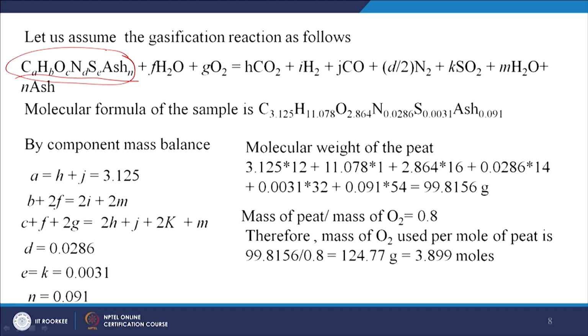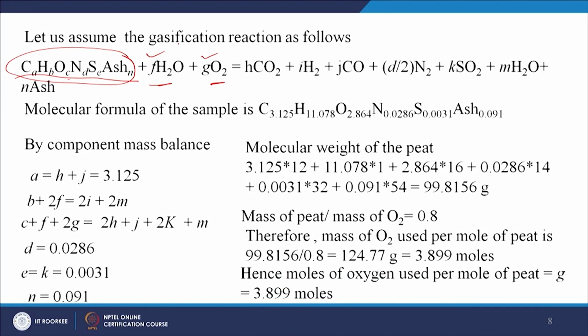Then it will react with gasifying agents, one is oxygen, another is steam. So, we assume that 1 mole reacts with G mole of oxygen and F mole of H2O. These are the expressions we are assuming, and it will give us H mole of CO2, I mole of H2, J mole of CO, D by 2 mole of N2, K mole of SO2, M mole of H2O and N mole of S.